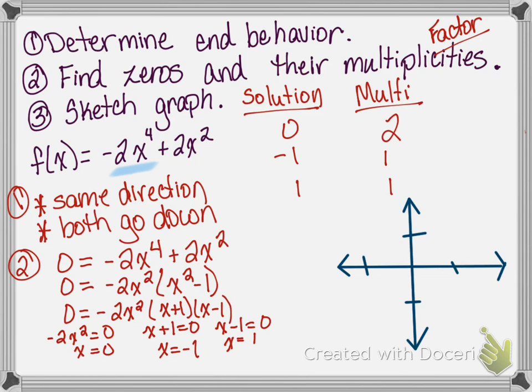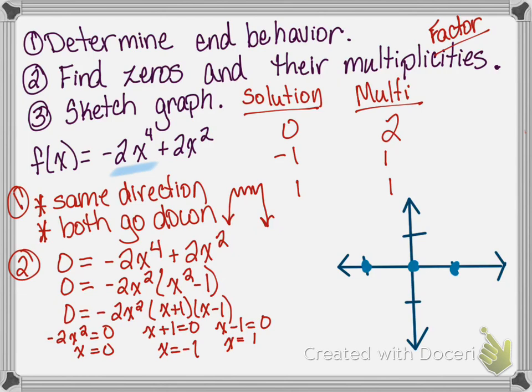I am crossing or touching the x-axis at 0, negative 1, positive 1. My end behavior is that they're both going to go down.